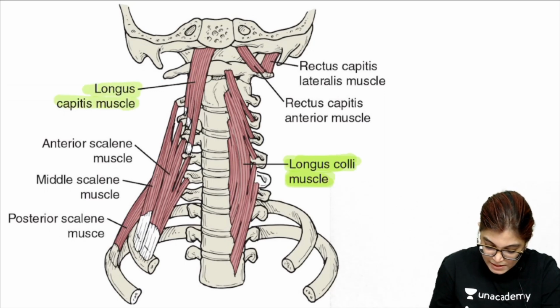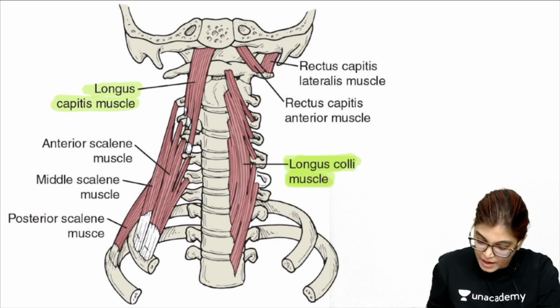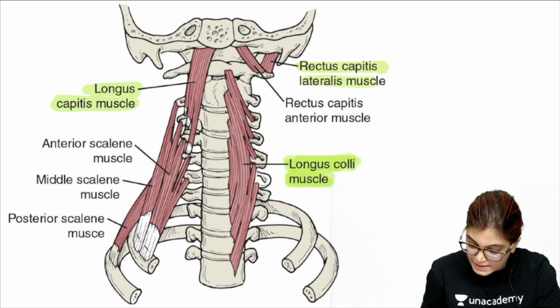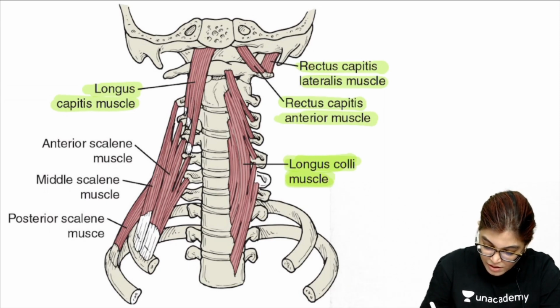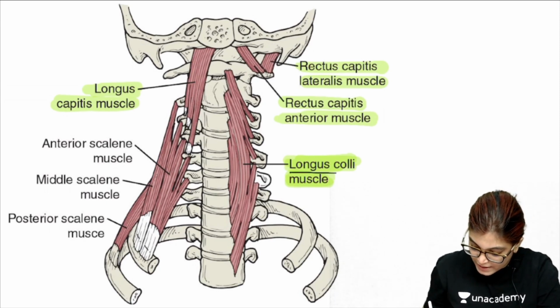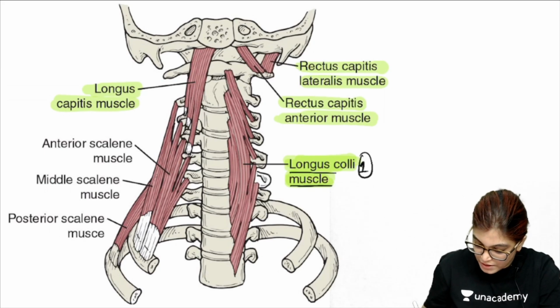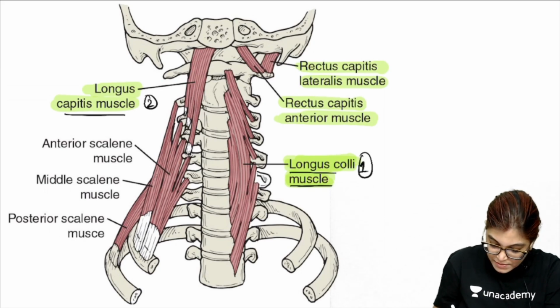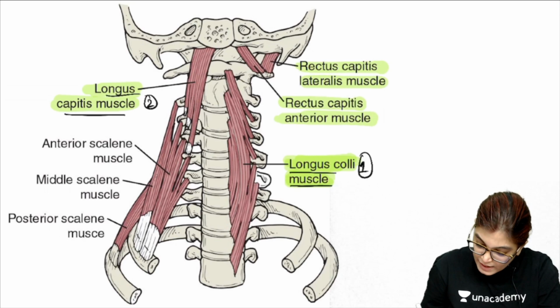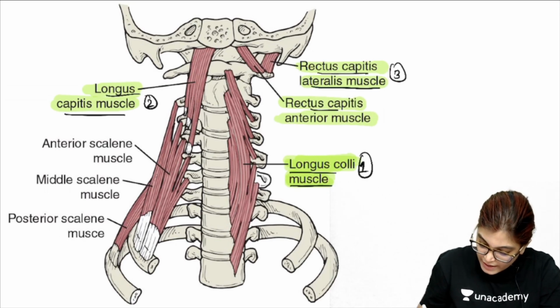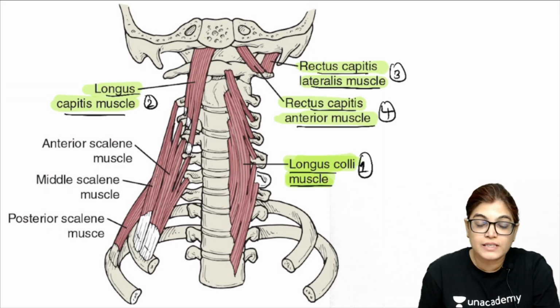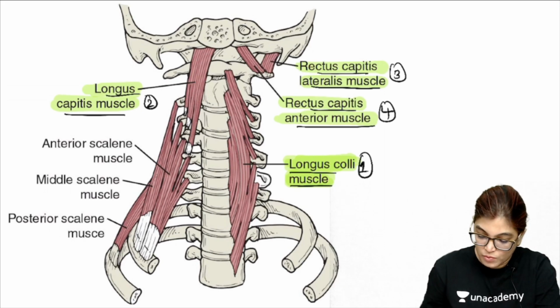Longus capitis muscle is the second muscle in this group, and we also have Rectus capitis lateralis and Rectus capitis anterior. So these are the four muscles categorized in the prevertebral group of muscles.